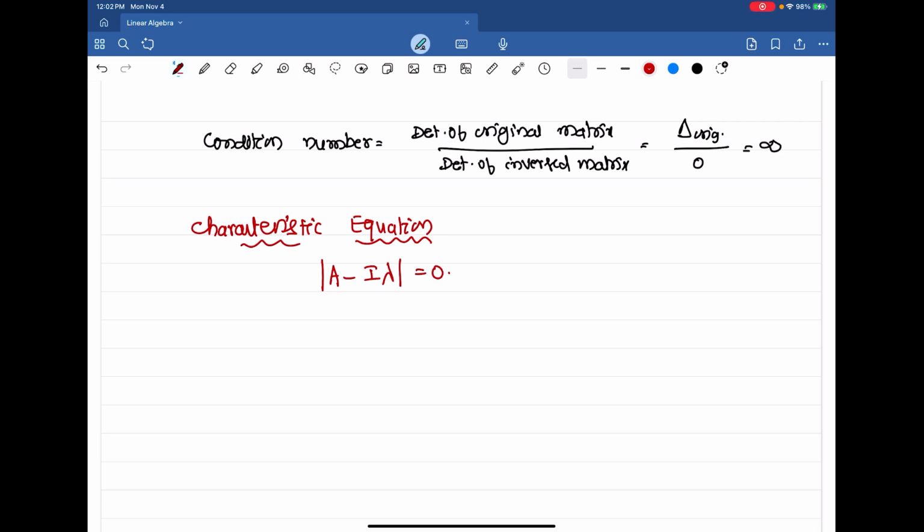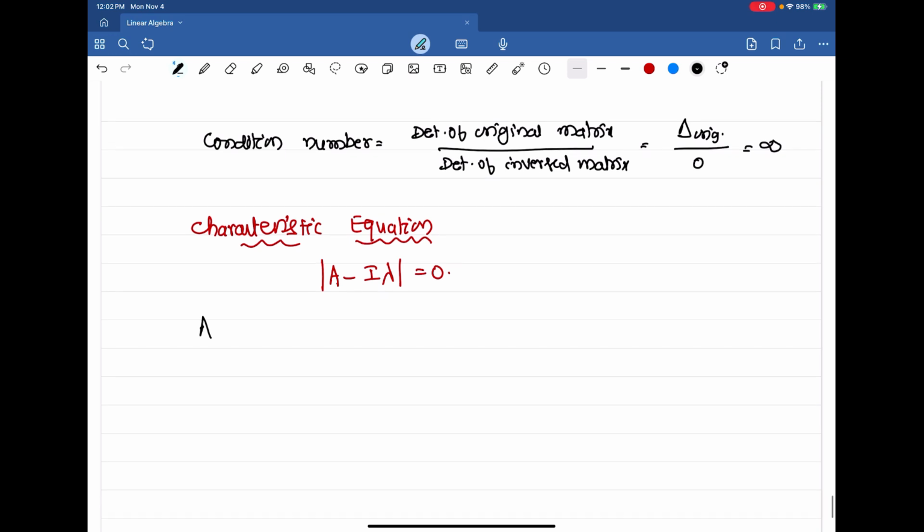Now, let us go for one small example of how to find the characteristic equation. I will tell the process.